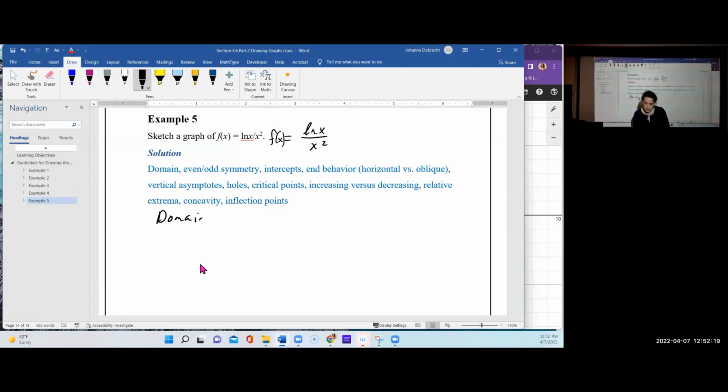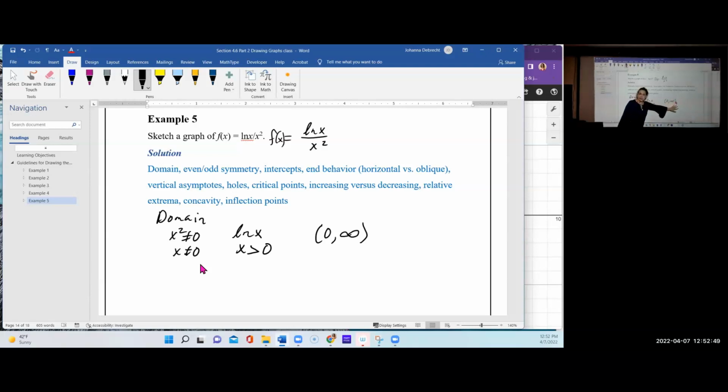So when we're looking at the domain, the first thing that we note is that x squared cannot equal 0, so x cannot be 0. For the natural log of x, we know that x has to be strictly greater than 0, which means that our domain is going to be from 0 to infinity. So any value larger than 0, so 1/2 works, or 1/1,000,000th works, not negative, positive, strictly positive.